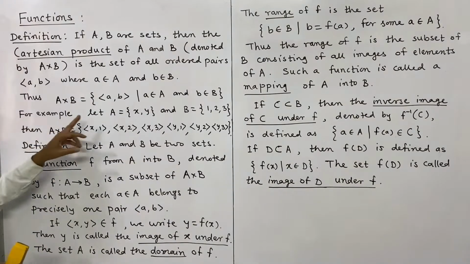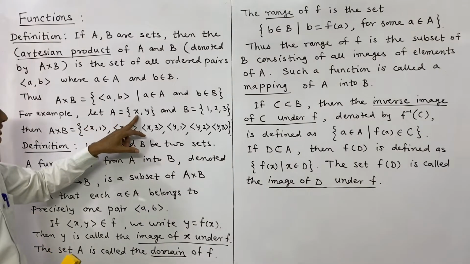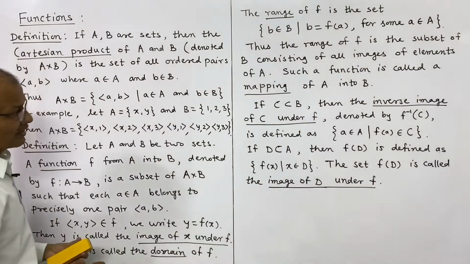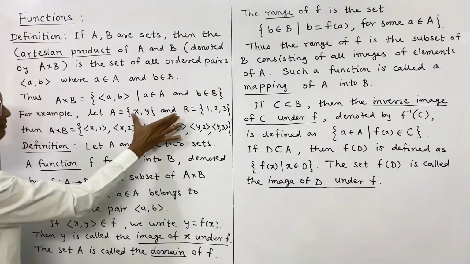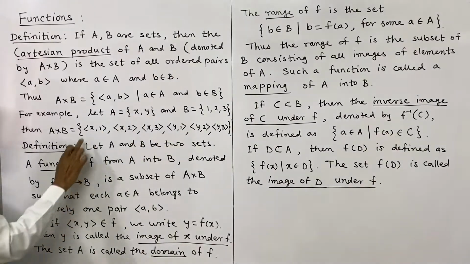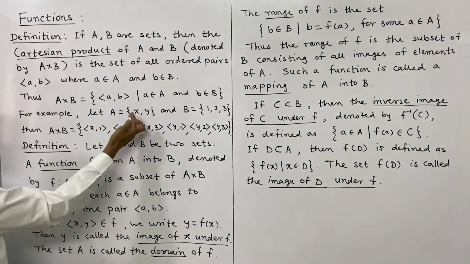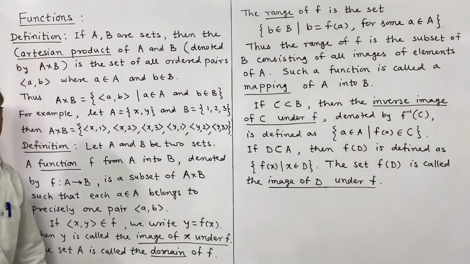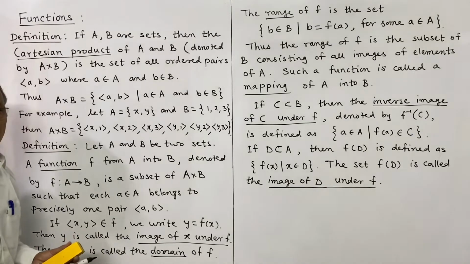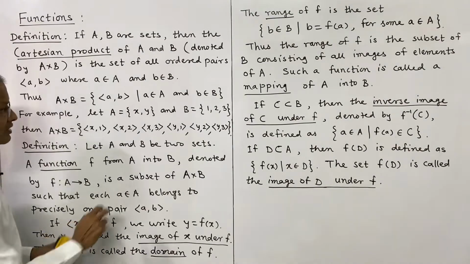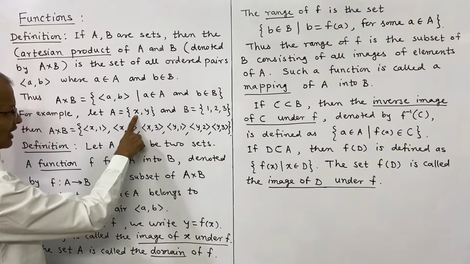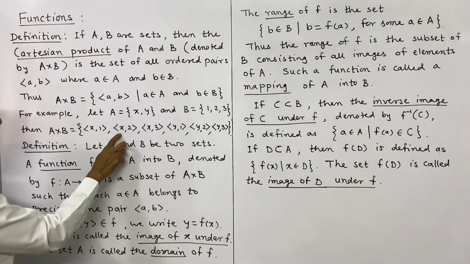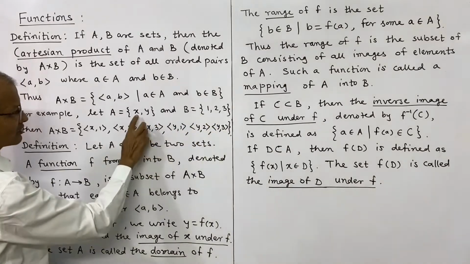For example, if we consider A as the set consisting of two elements x and y, and B is the set having the elements 1, 2, 3, then how do we form the Cartesian product A cross B by this definition? Select an element from the first set and an element from the second set and form all such possible combinations. We fix x first, and then the ordered pairs will be (x, 1), (x, 2), and (x, 3).